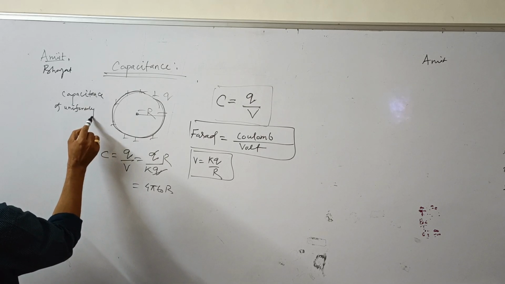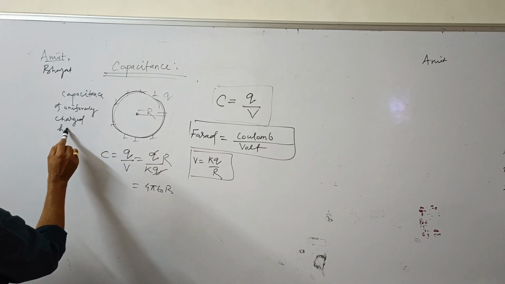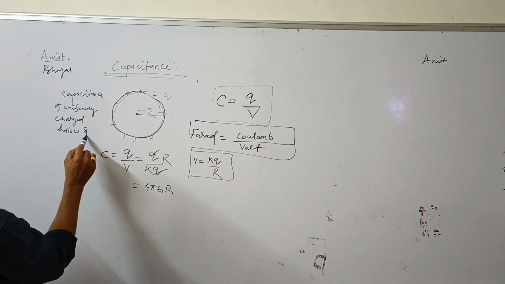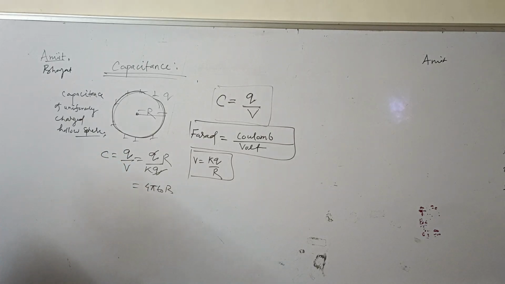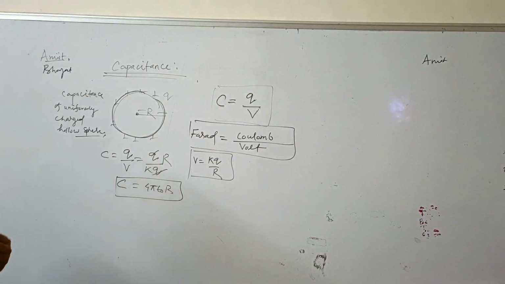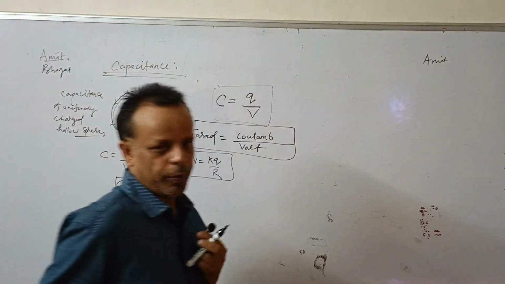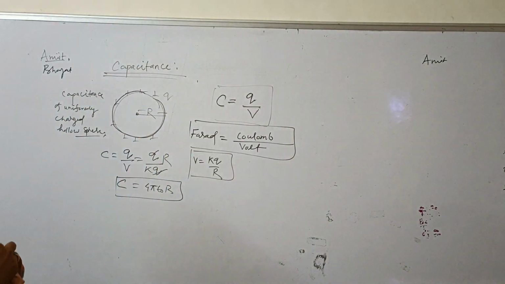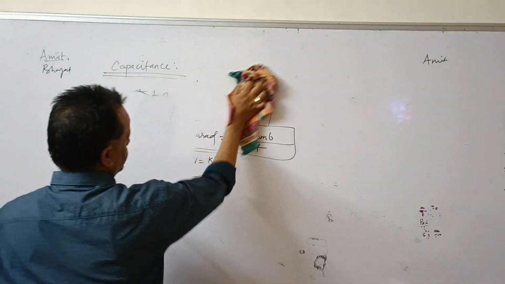It is coming out to be 4 pi epsilon naught into R. The capacitance of a uniformly charged hollow sphere is 4 pi epsilon naught R, where R is the radius of the sphere.